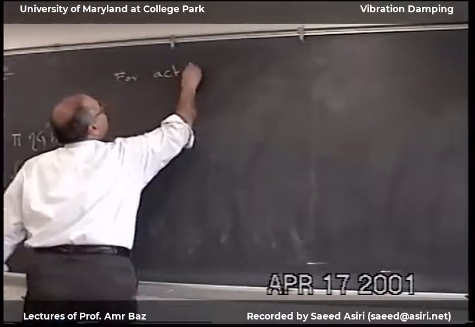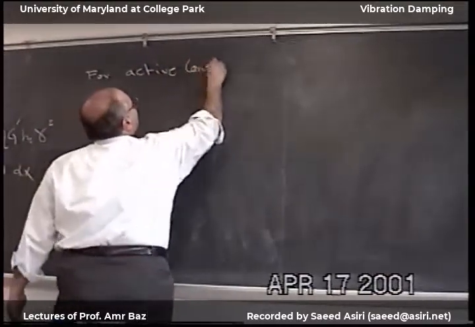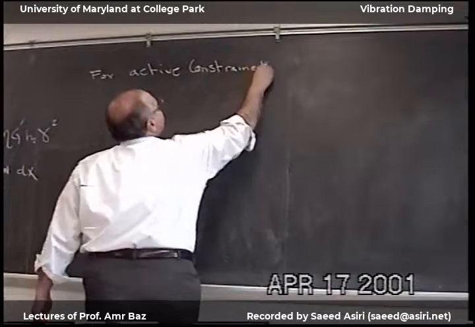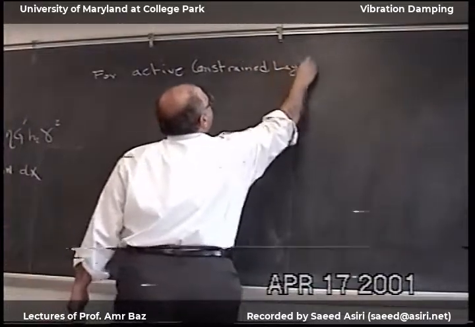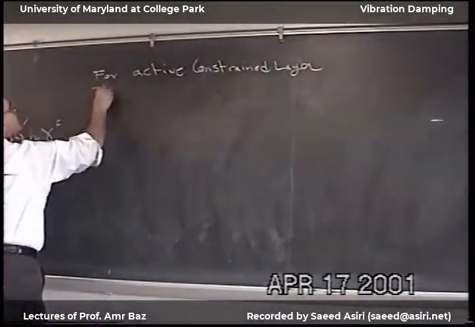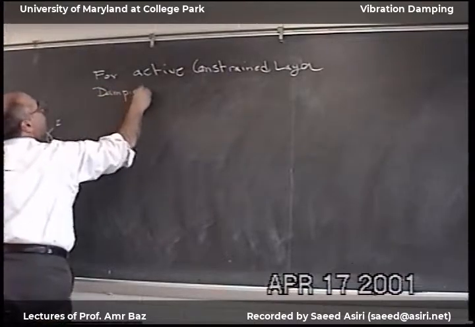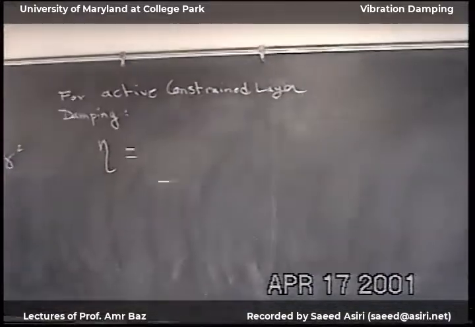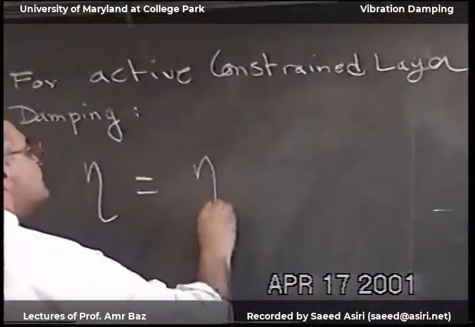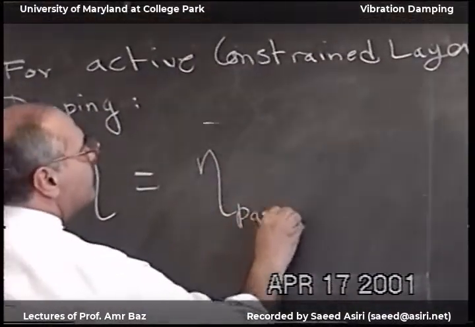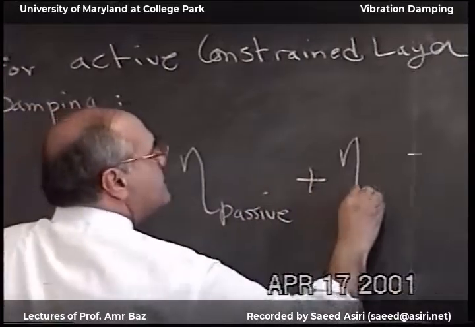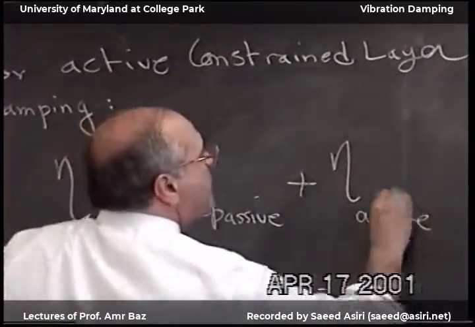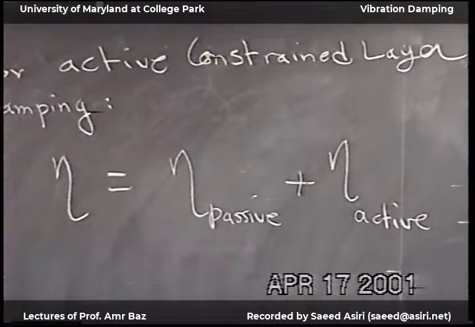I'll end up, for active constraint layer damping, my eta will be made of two components. Eta passive plus eta because of the active component.